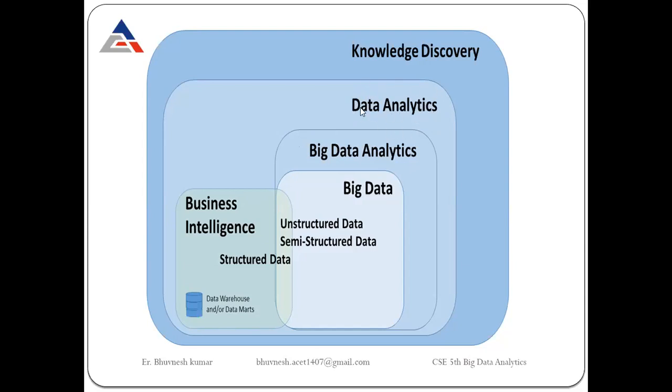Data analytics is also called data science. And these are all under your knowledge dictionary. Knowledge dictionary means repository. Huge data is there, and that will all be resolved by data science and further your big data analytics. Under big data analytics there is big data, which is unstructured, semi-structured and structured.